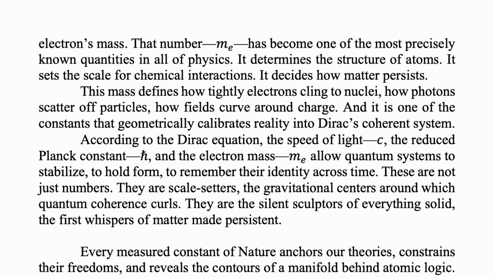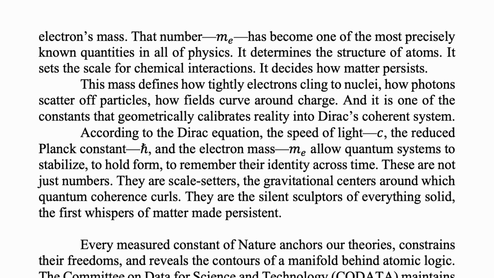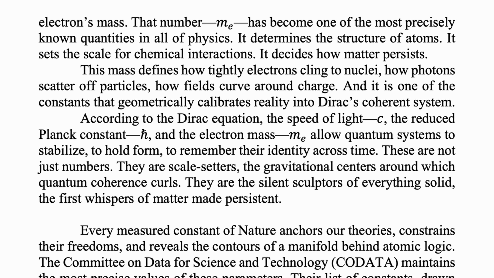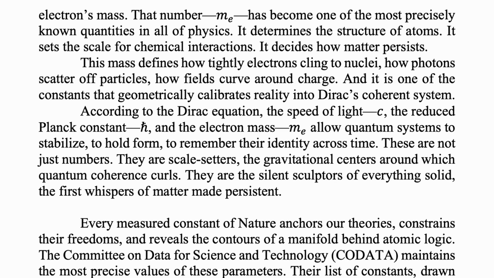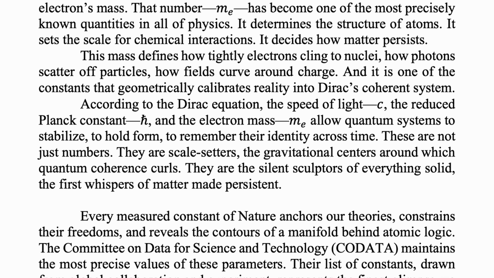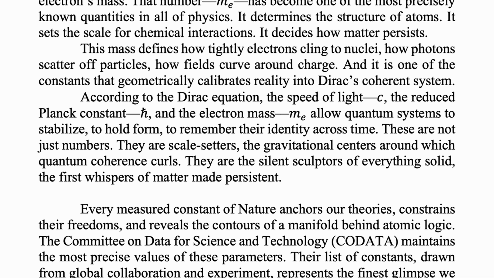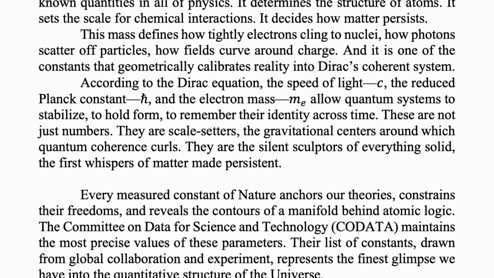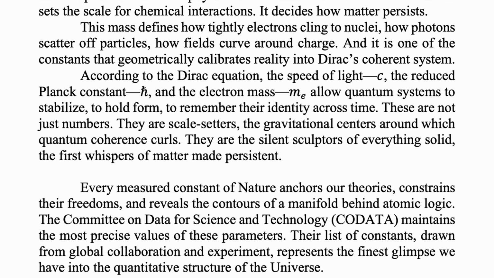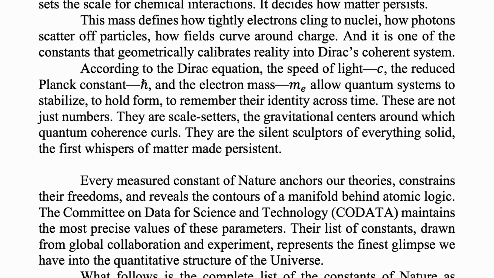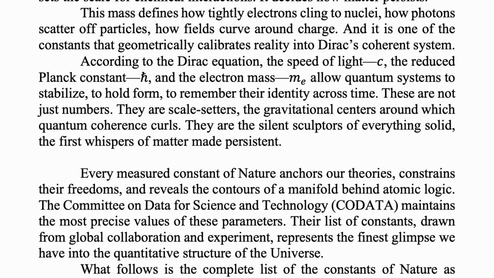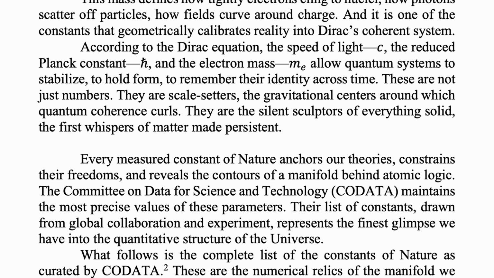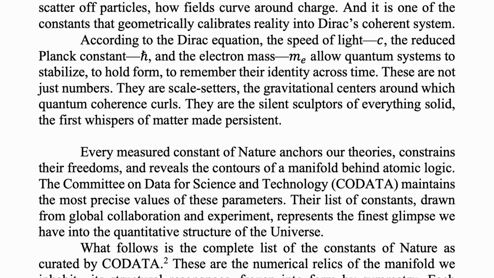According to the Dirac equation, the speed of light, c, the reduced Planck constant, h-bar, and the electron mass allow quantum systems to stabilize, to hold form, to remember their identity across time. These are not just numbers. They are scale setters, the gravitational centers around which quantum coherence curls. They are the silent sculptors of everything solid, the first whispers of matter made persistent.